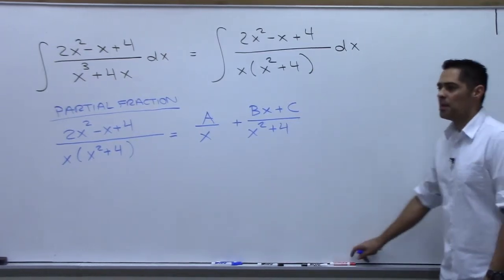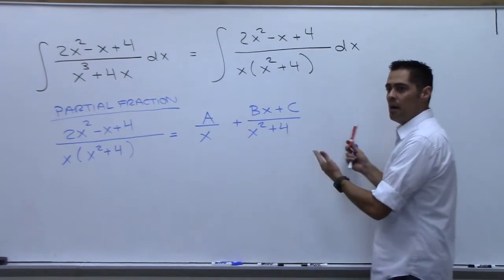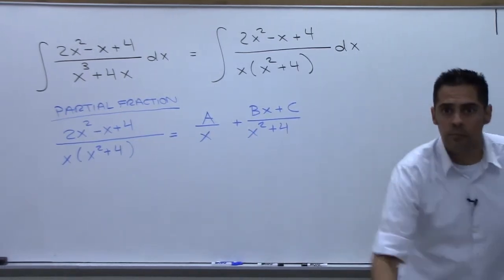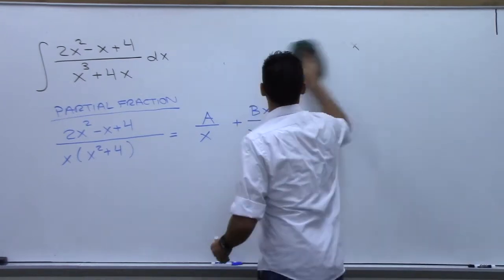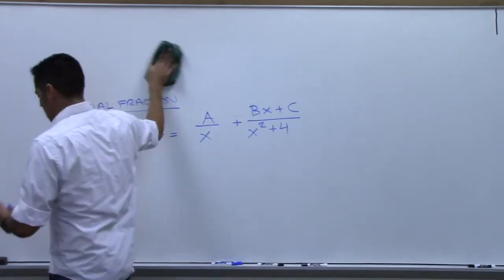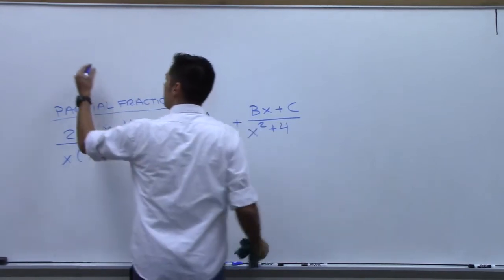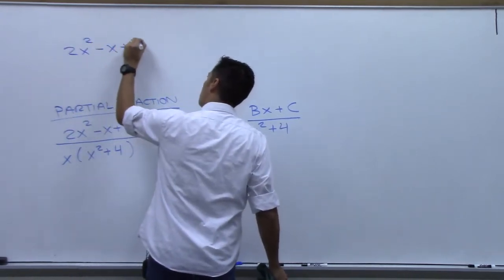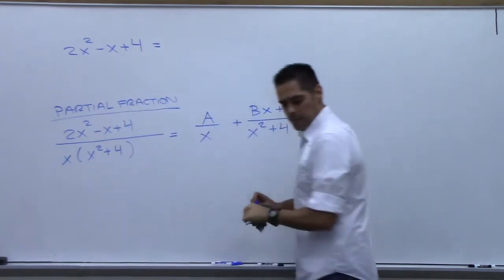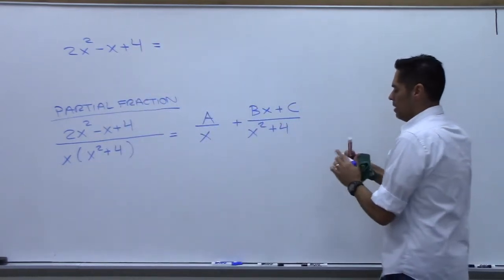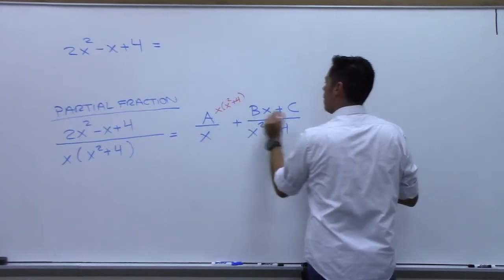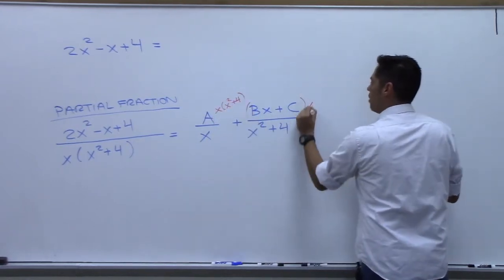Now what we do is we multiply both sides by the common denominator. So let's do that step. When we multiply the left side by the common denominator, we just get the numerator: 2x squared minus x plus 4 equals, and then when I place that common denominator, be careful on this one.